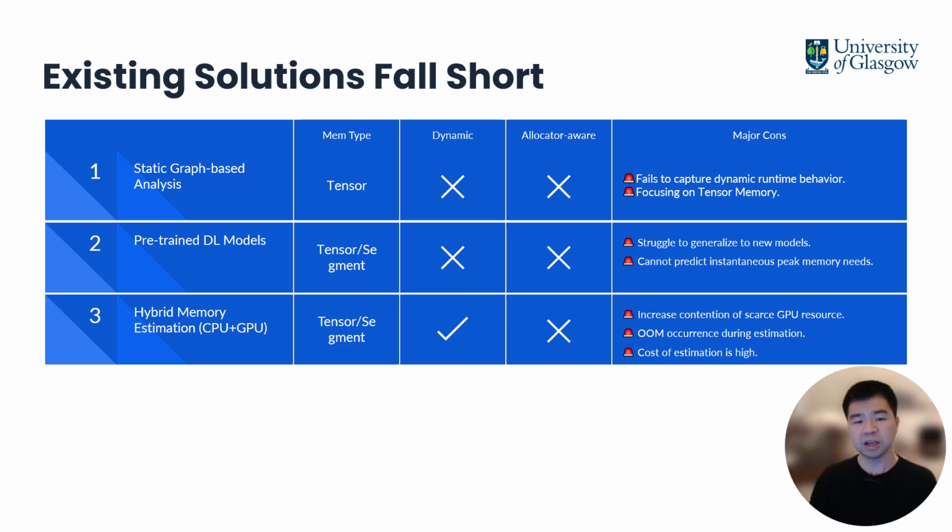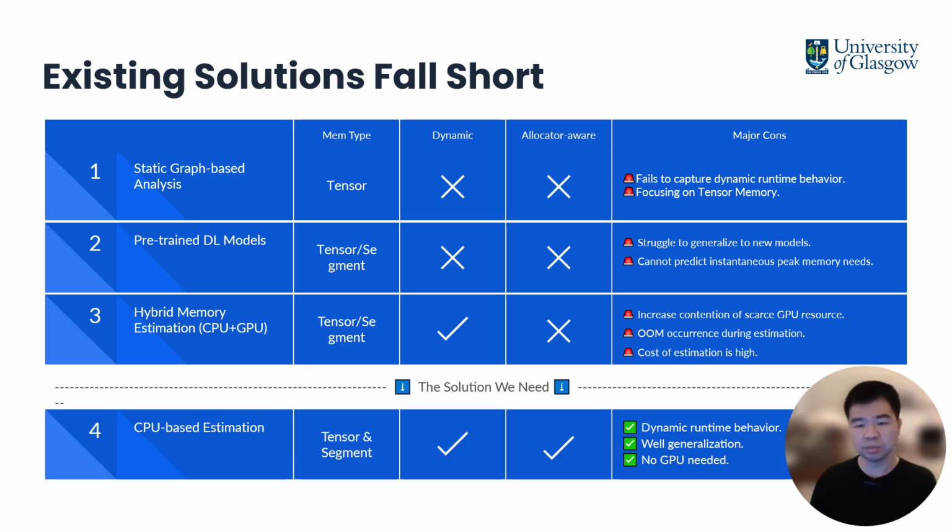The last one, hybrid estimation. This approach requires a trial run on the actual GPU. This is very costly. It also increases contention for those scarce GPU resources, and it can also cause the out-of-memory issue during estimation. This is where our solution, xMem, comes in. We propose a pure CPU-based estimation framework. It requires no GPU, captures the dynamic runtime behavior, and has good generalization.